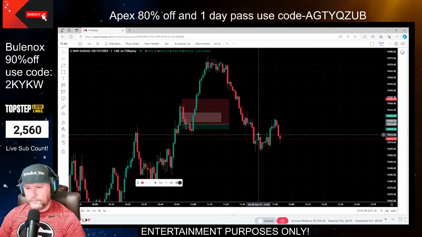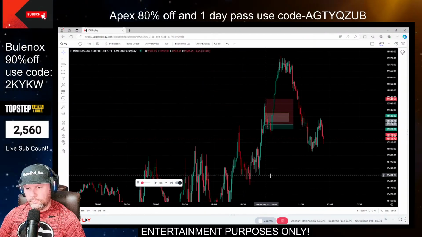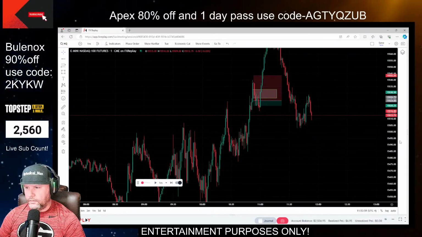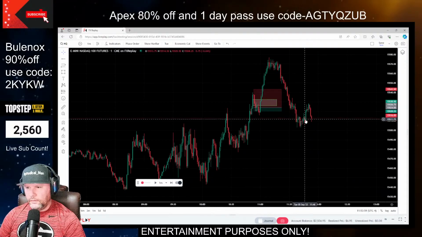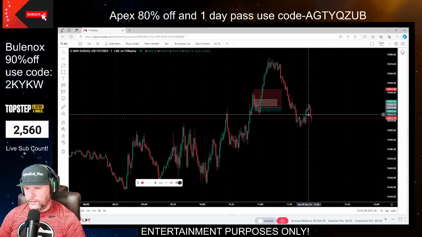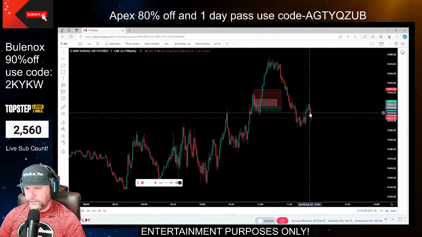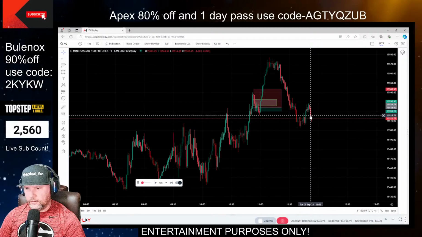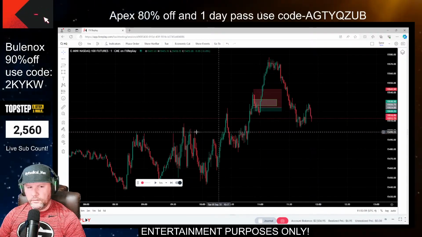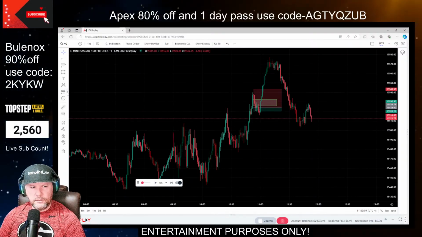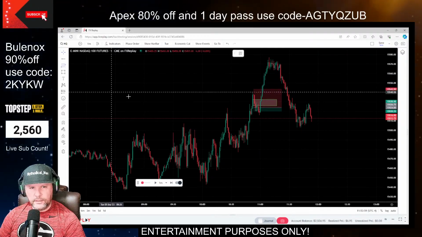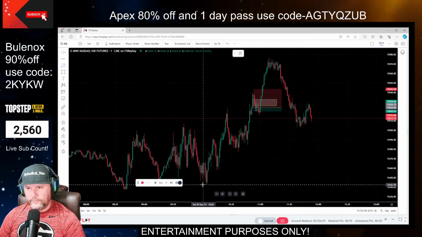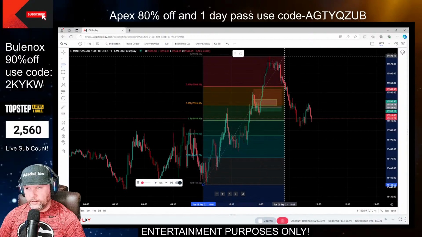So I wouldn't mind looking for a long here. Well, actually a short might make more sense, right? If this was bigger, I would. Well, actually it's not bad, huh? Sometimes in my backtest, I take a lot of things that I maybe wouldn't have taken otherwise.